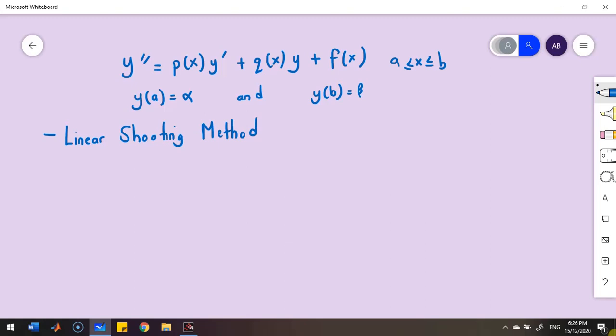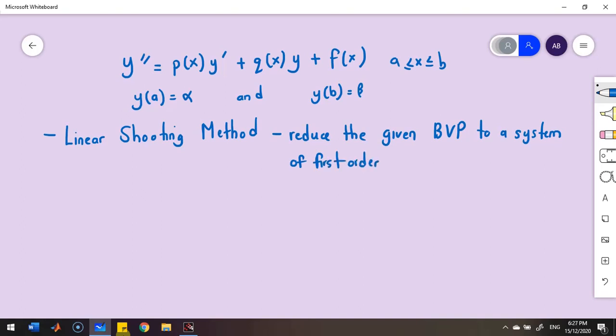So how does it work? The idea of the shooting method is to reduce the given boundary value problem to a system of first order ODE.